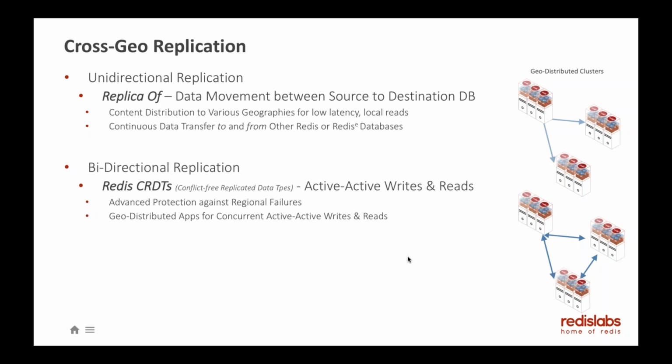This replication technique is what powers the Redis CRDTs, the conflict-free replicated data types that we have. It allows writes across all of the copies of data, and it's an active-active deployment. And we'll drill into this more.